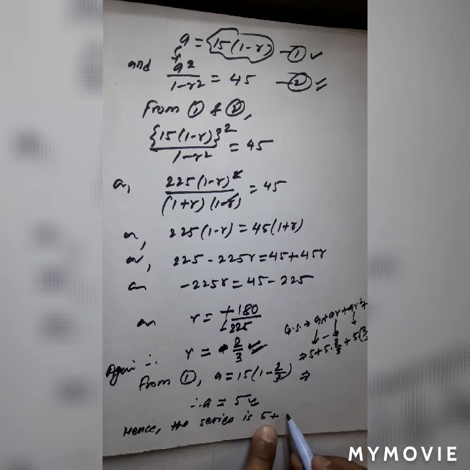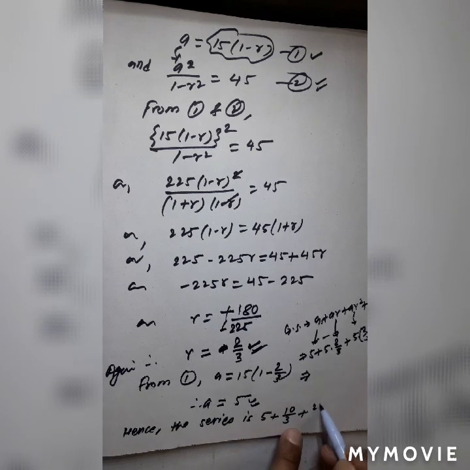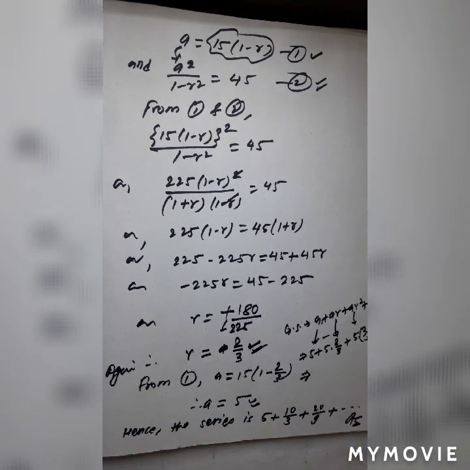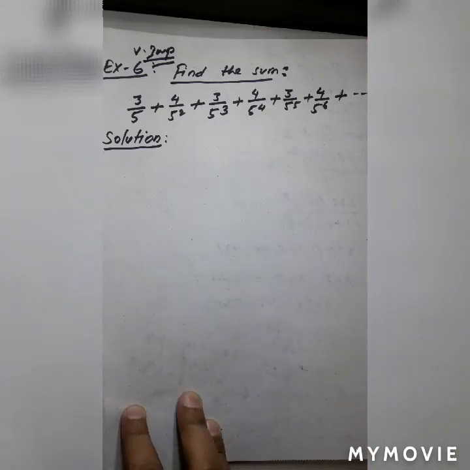After simplifying this, you'll get 5 plus 10 by 3 plus 20 by 9 and so on. This is our answer. So this is a very important question.